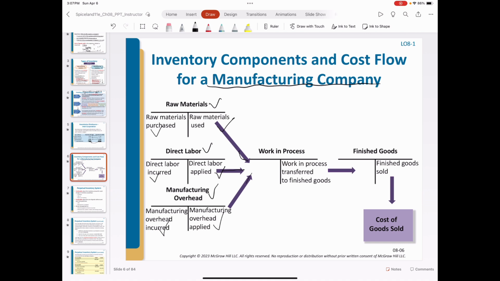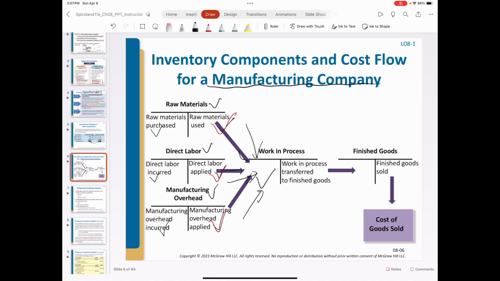While we credit raw material, direct labor, and manufacturing overhead, we also debit work in process. So that's the cost flow. When there is more material used, we debit work in process. When there is more direct labor and overhead applied, we debit work in process.